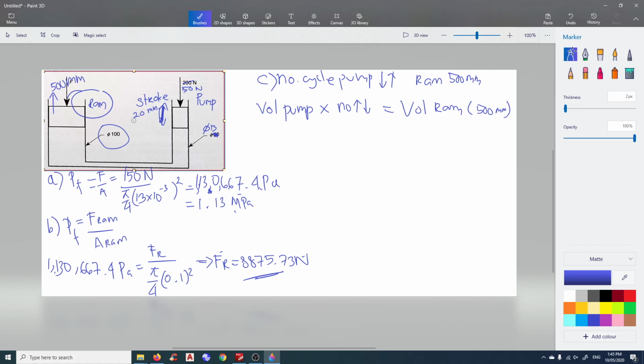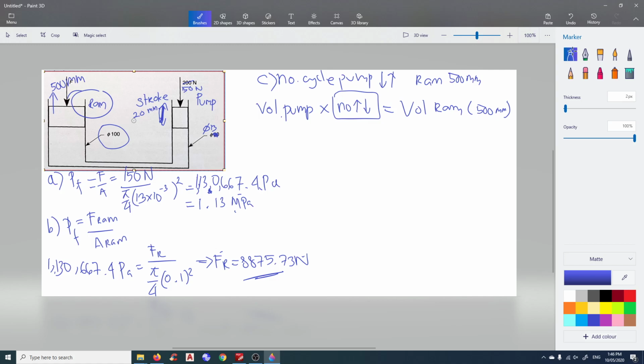If we find the volume of the pump at a single 20 mil stroke, and multiply by the number of times, we get the volume of the ram at 500 mil. This is what we want, the number of cycles of the pump. So we can calculate the volume of the pump, calculate the volume of the ram, then find the number of cycles.